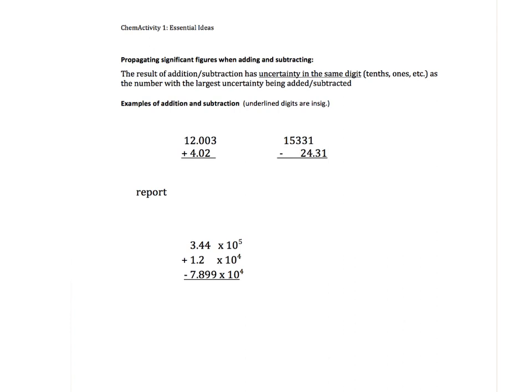So how do we handle significant figures when we're adding and subtracting? So the rule is here. The result of addition and subtraction has uncertainty in the same digit as the number with the largest uncertainty that's being added or subtracted. So for example, if we look at these two numbers being added together, we can see that the uncertainty, remember that's the last significant digit, in this case it's the 2 for the 4.02, that's in the hundredths place.